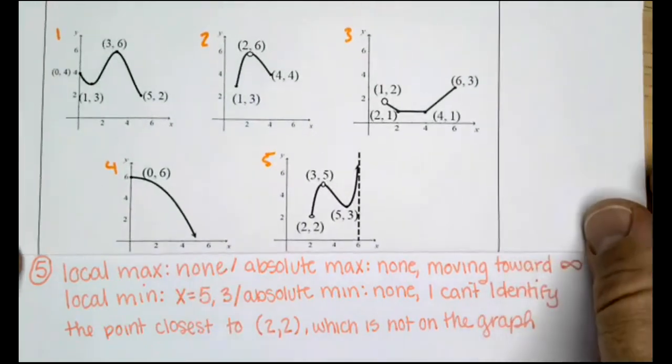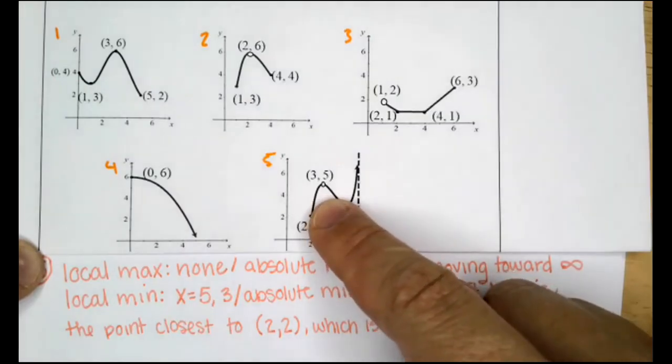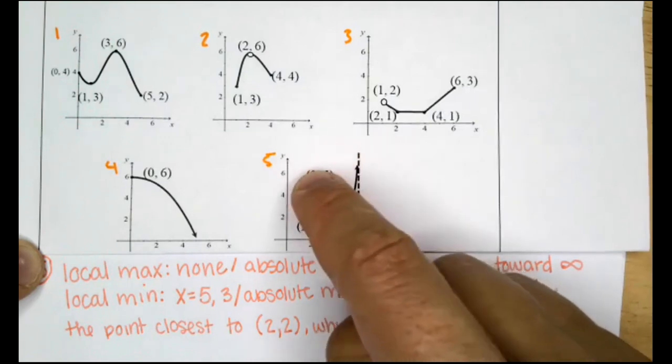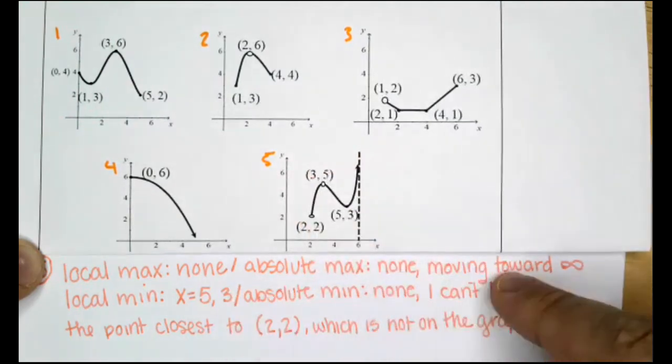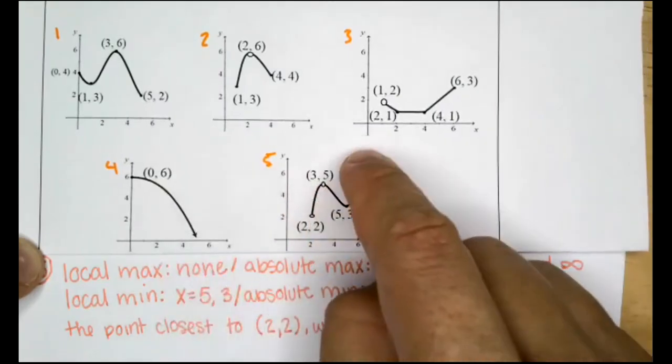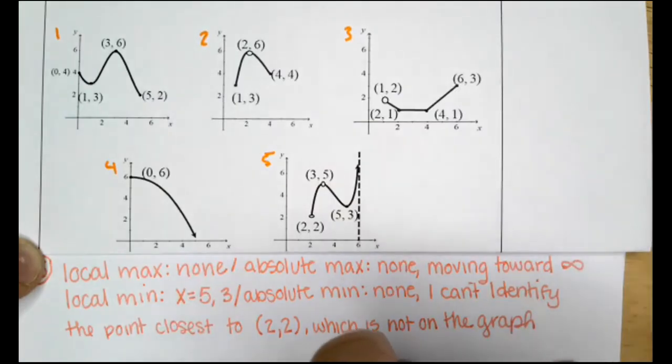And number 5, local max, none, because it does not include the 0.35. It's a hollow circle. Absolute max, none. Again, this is going down towards infinity. This is going up towards infinity. Okay. So that means there's no highest number of infinity that I can write down.